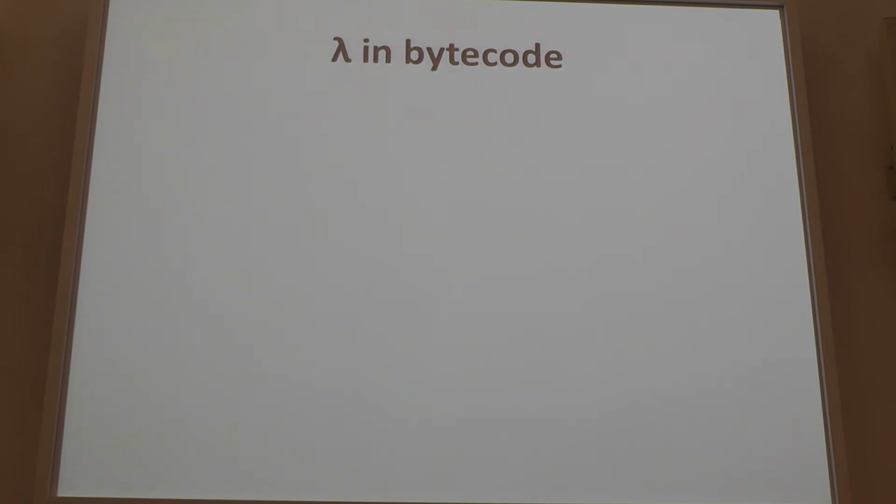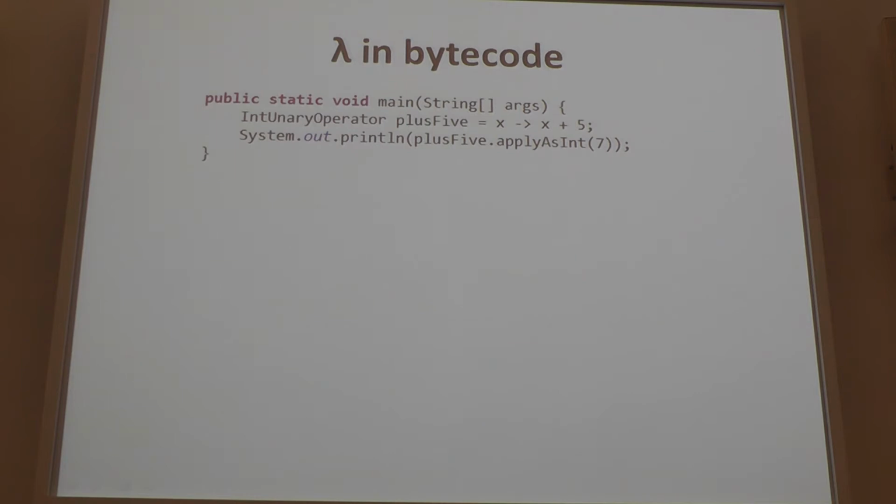I have to warn you, there will be some bytecode on the slide. So here we have a very trivial class with just one method that defines a simple lambda expression that adds 5 to its argument. Before, I showed an example where you use the lambda expressions at the place where you call a method.